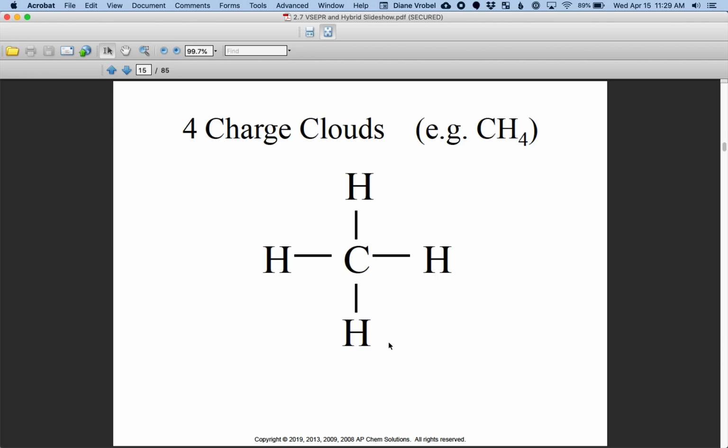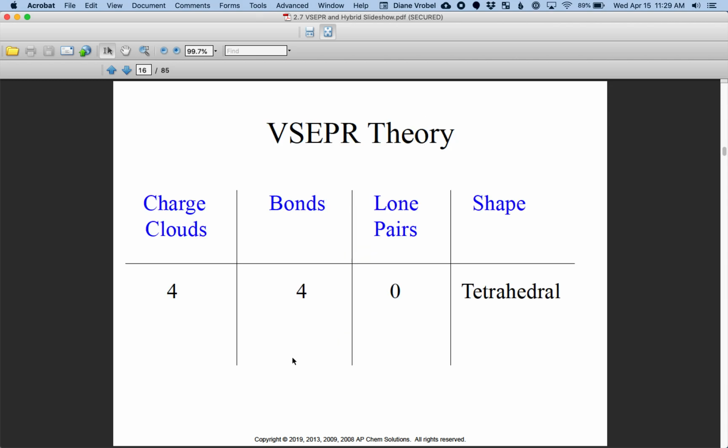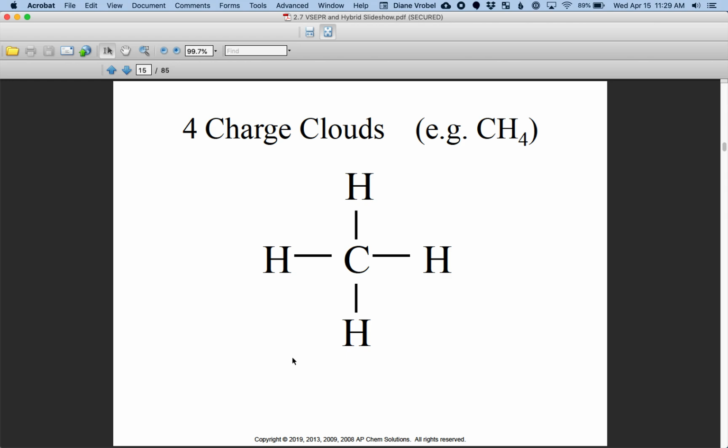Okay, here we have four charge clouds. So we have carbon as our central atom, and surrounding that central atom, we have four covalent bonds, which we call charge clouds. Notice there are no lone pairs on the central atom, and as a result, we have a tetrahedral shape. Now, you would argue with this Lewis structure that there is a 90-degree bond angle between carbon and hydrogen.